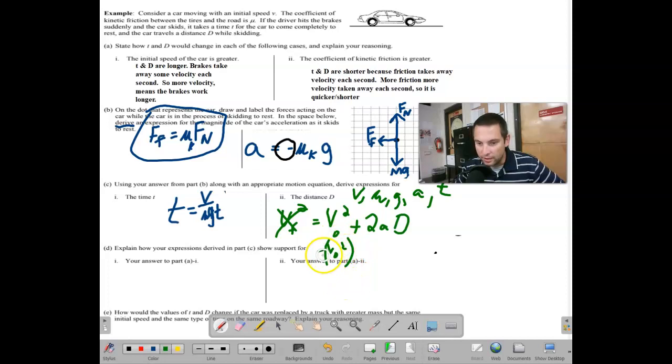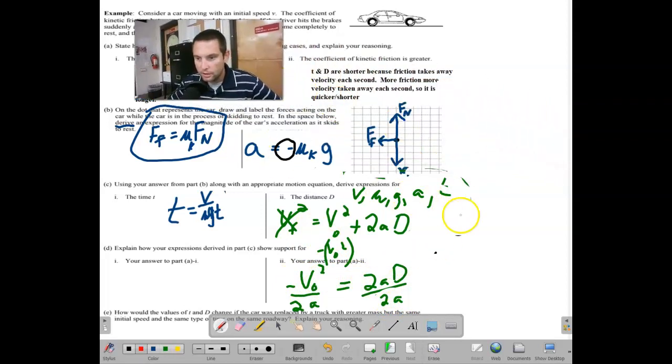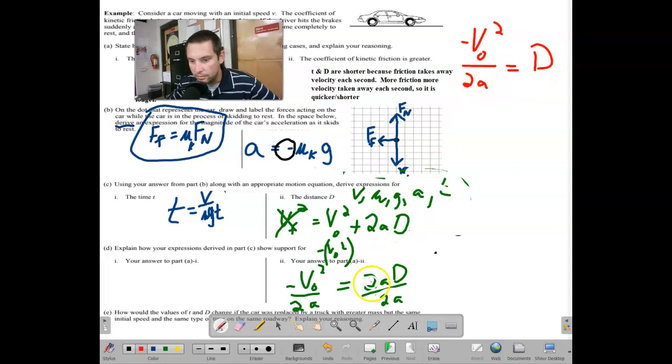Subtracting this whole term, so that negative is going to appear on the opposite side, equals 2ad, and we're solving for d, so it's going to be divided by 2a on each side. This is getting kind of lost, so I'm going to continue it up over here to the right in a different color. Give me just a second. Negative v naught squared over 2a equals d, because those went away, right?